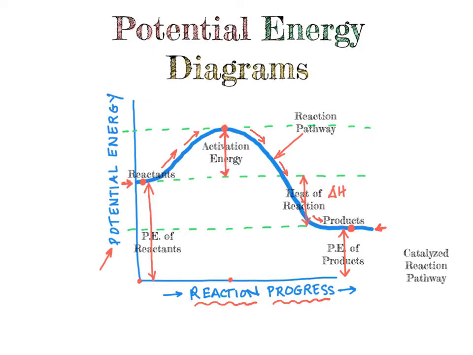We also saw in this lesson that catalysts do a really, really good job at lowering the activation energy of a reaction and making them go faster. That's really what they do to be able to make reactions go faster.